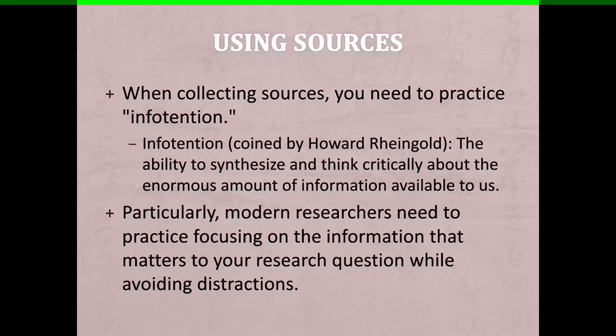And there's no way in 5 pages you can use all of those sources. So particularly as a modern researcher, we're always bombarded with information, you need to be able to practice infotension and be able to say which sources or pieces of information are crucial to my argument and what pieces of information may not be as substantial.